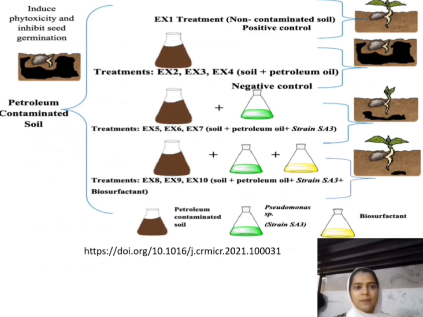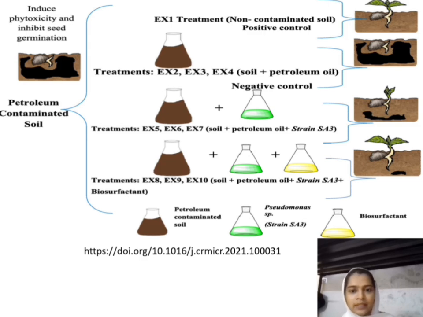In this picture, we can see induced phytotoxicity and inhibited seed germination. For this test, we are taking petroleum contaminated soil and first we started to germinate a seed, but the seed is not germinating, just because the soil is too much polluted with hydrocarbons. In the second test, they are using the same contaminated soil but adding a Pseudomonas strain, SA3, and we can see the seed started to germinate.